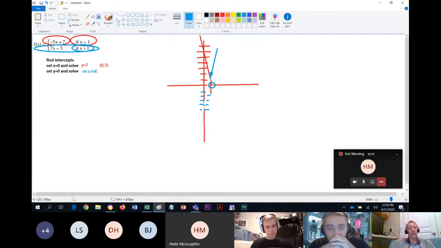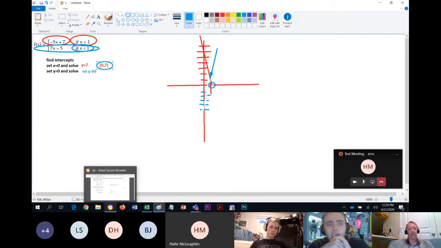So the only answer we have here in this case is this answer right here, (0, 7), because there's no other y-intercept. Now, if these were flipped, if this said less than or equal to 1 and greater than, then this point here could have been an intercept. But since it's written the way it is, we've only got one intercept. Does that make sense?